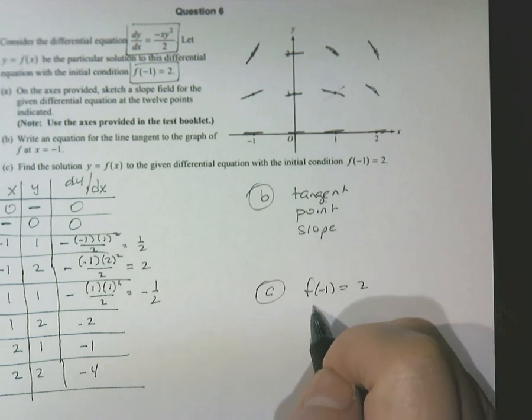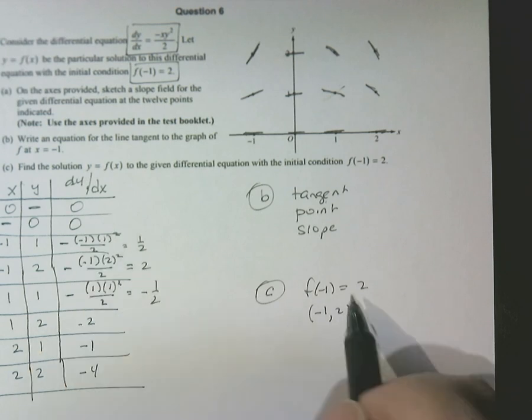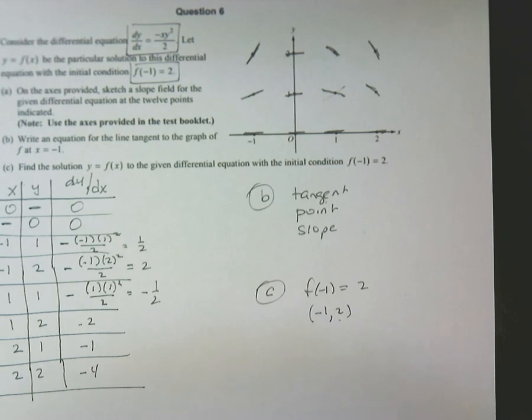So that means you'd have the point -1, 2. Well, that one works. I can actually use that as this point, and I've got the slope and I can find it that way. And then I would find the general solution, and then that would be differentiating it. And this one's a little bit more complicated. I'll leave that one for another day.